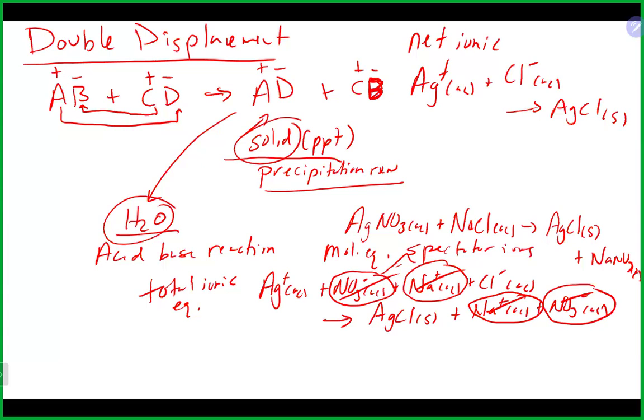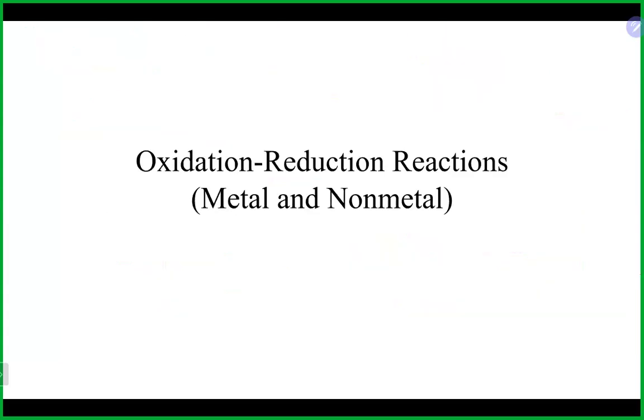All right. So, as I'd mentioned before, there are three reasons why a reaction takes place: a solid being formed, water being formed, and the third reason comes from another type of classification of reactions, which are redox reactions. Redox reactions are oxidation-reduction reactions, and these involve a transfer of electrons, which is really the third reason why a reaction takes place.